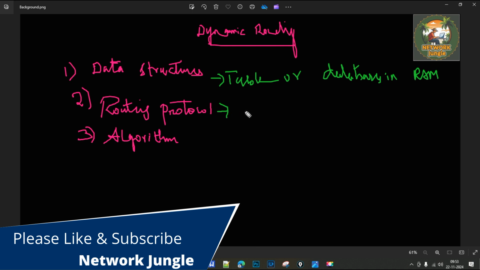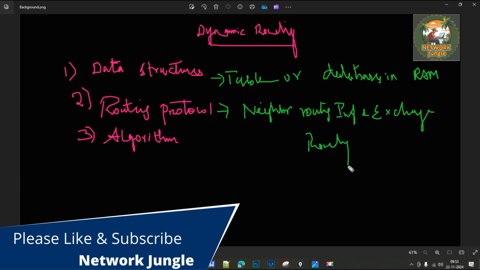It discovers the neighboring information and routing information, as well as exchanges the routing information with the neighbor routers.